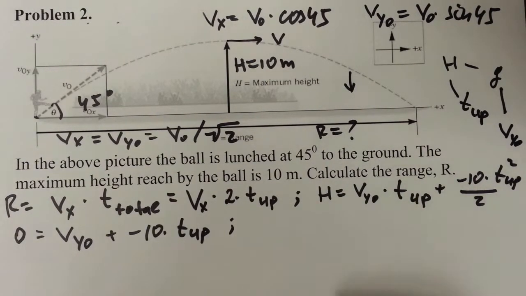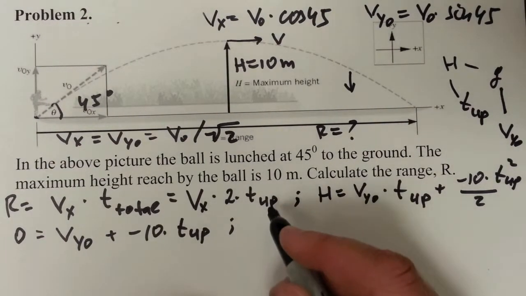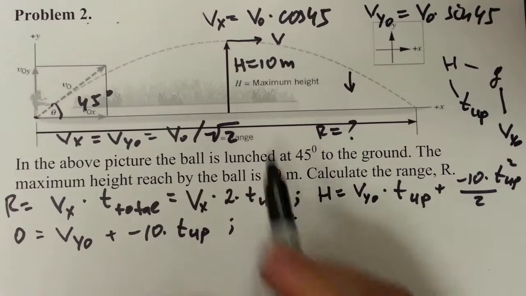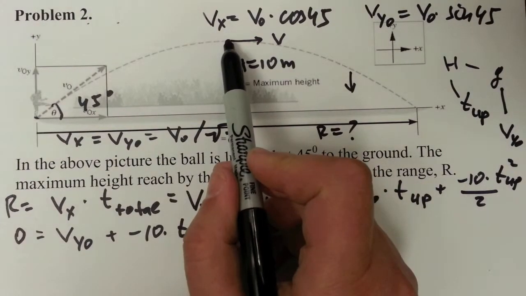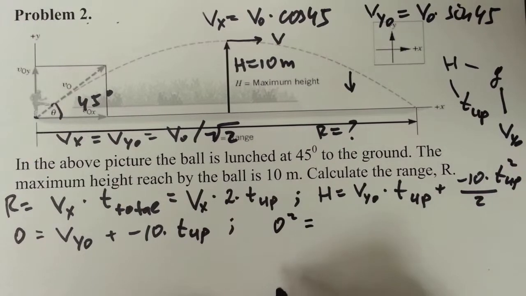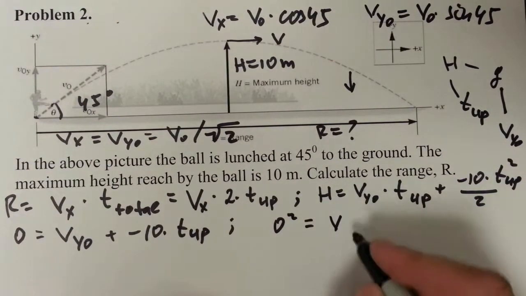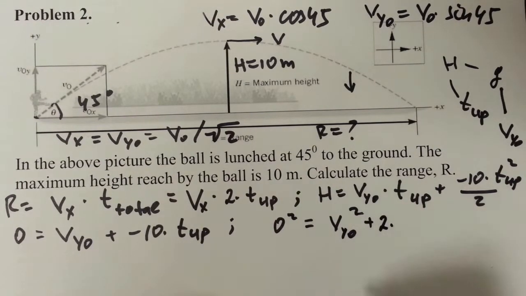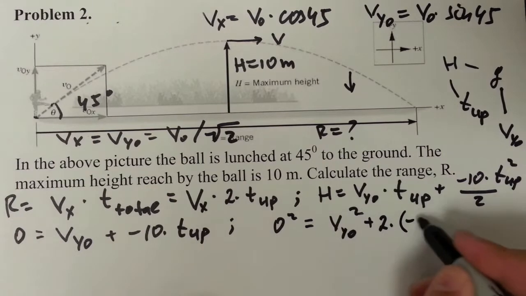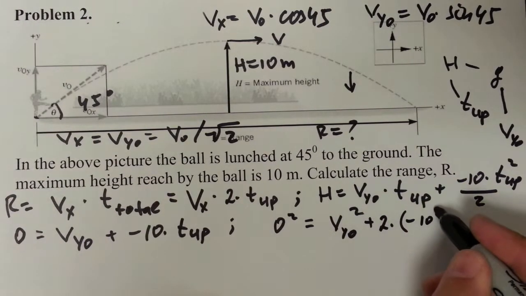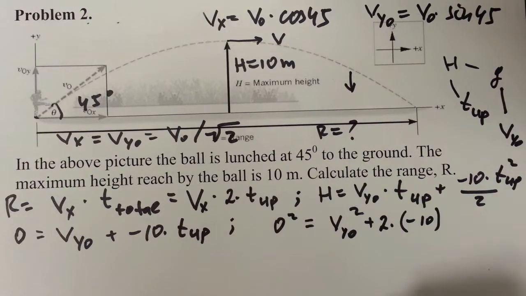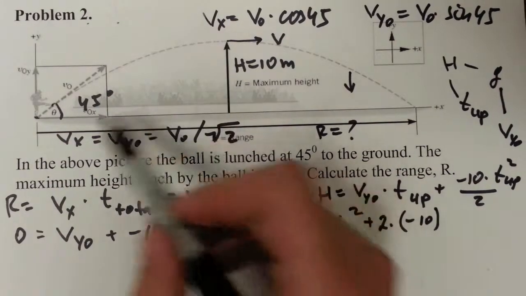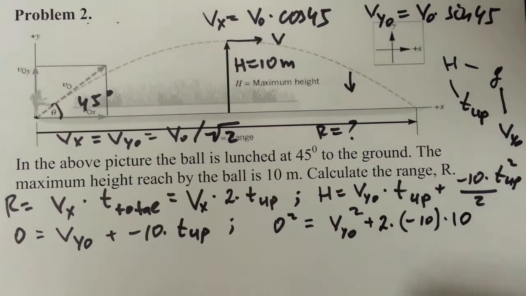So there's one more equation, number 3, which involves squares of velocities. So again, 0 squared, that's the final value of the vertical component of velocity. It's supposed to be equal to initial squared plus 2 times acceleration, which is -10, and the vertical displacement from here to here is 10.